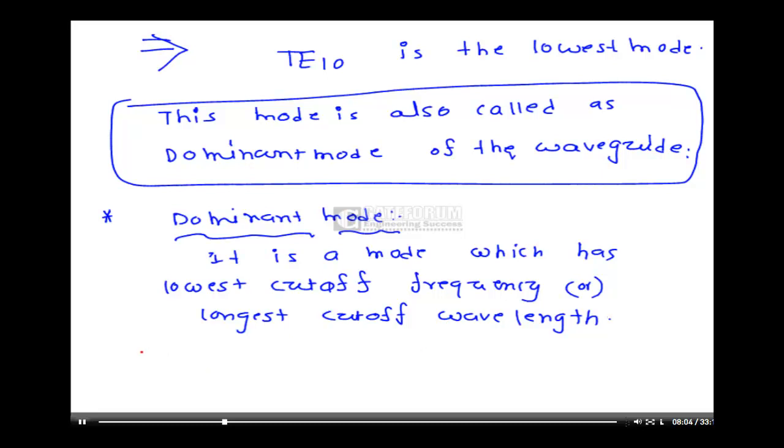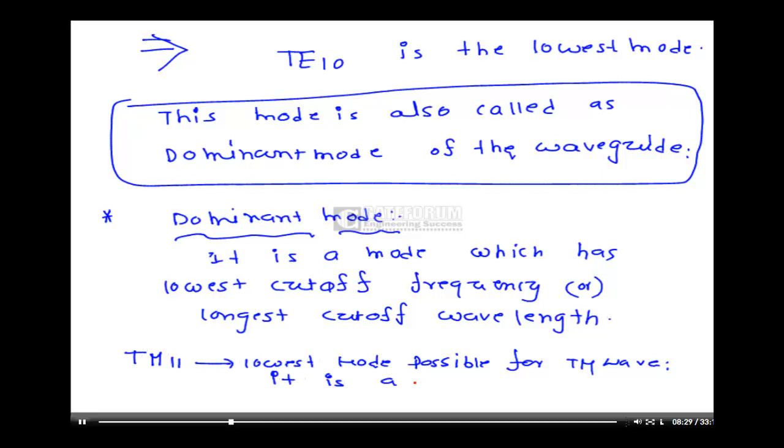Here one important thing is, TM11 is the lowest mode possible for TM wave propagation, but it is not a dominant mode. Dominant mode means lowest cutoff frequency.